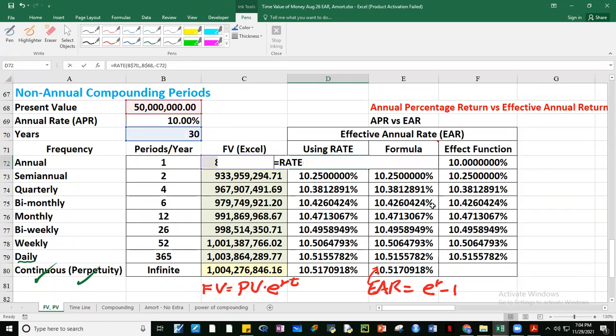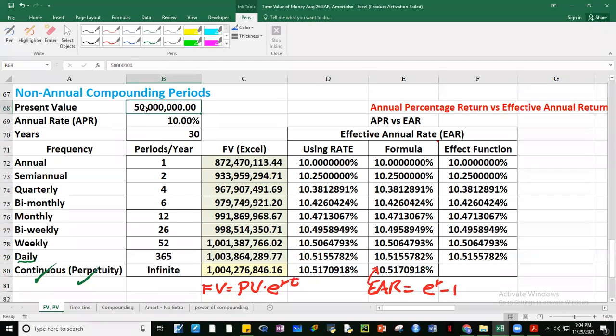So ang formula na ginamit natin dyan is the rate function. Kasi alam natin yung number of periods, 30. Alam din natin yung PV, itong 50 million in this case. Alam din natin yung future value, itong mga values na to. Okay? By the way guys, kahit na ibalik natin to sa 1 million, tingnan nyo, 10.5157, okay?